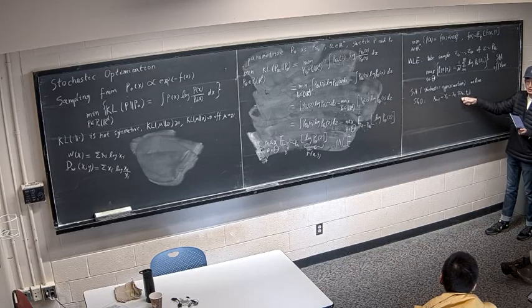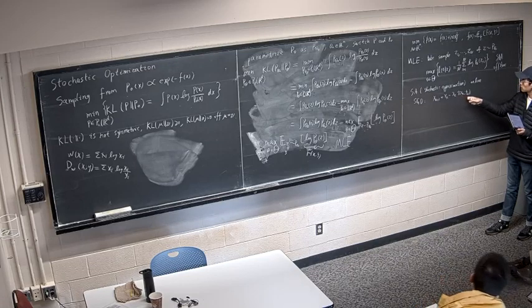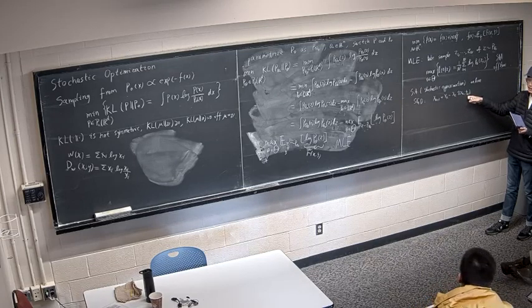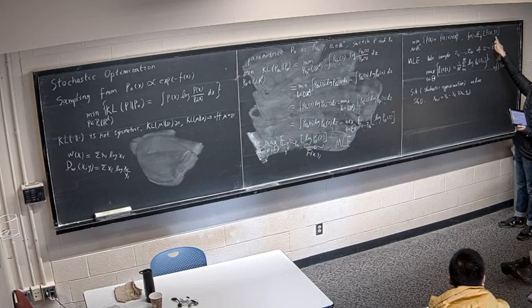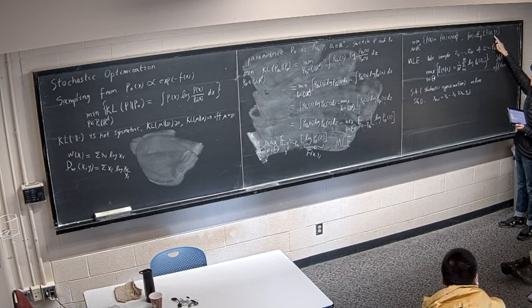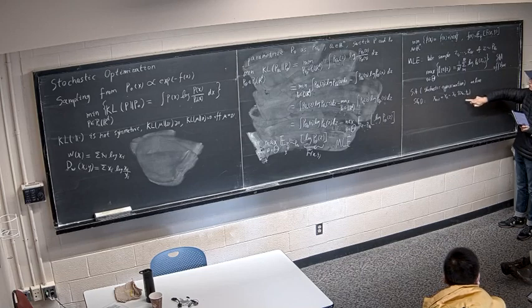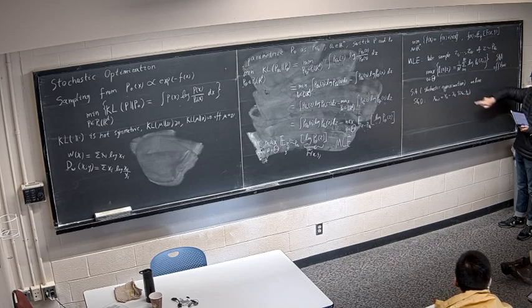So this object here serves as a gradient, but it depends on the randomness, the c_k. It serves like a subgradient to this function. So it depends both on which point you're at and also the randomness you take at this step. If c_k is different, then the subgradient is different.